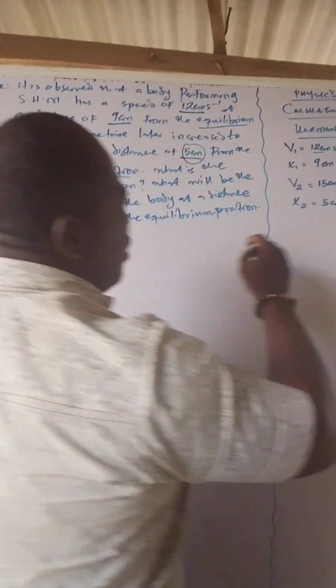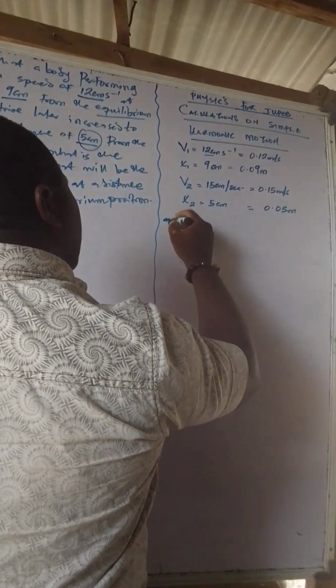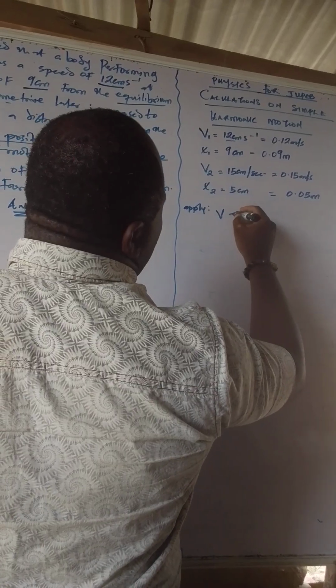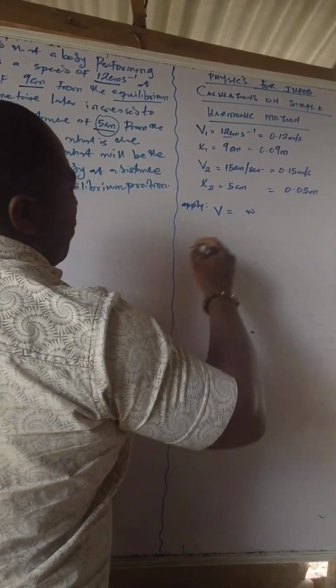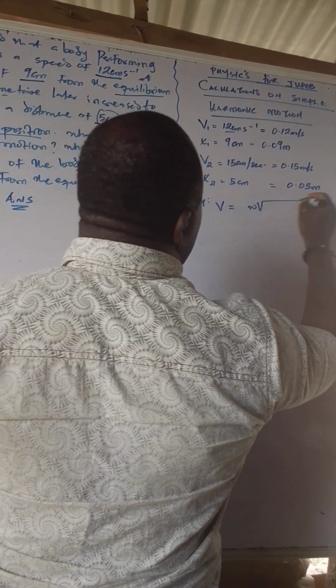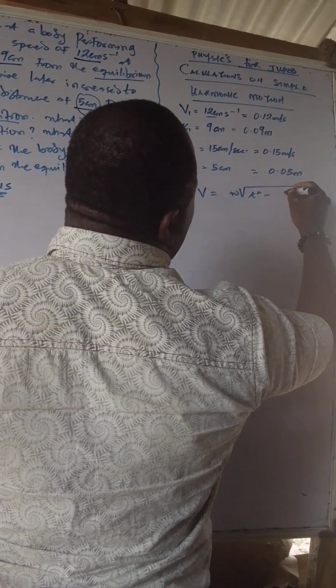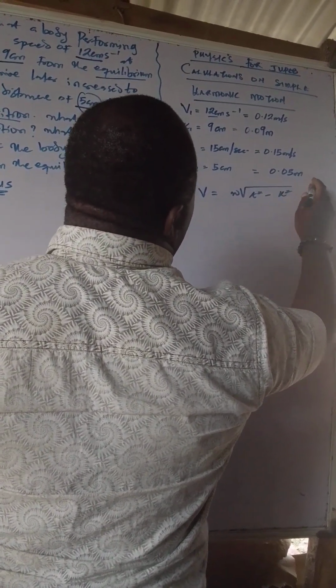To both of them, let's apply the formula for velocity at an instant, which is V equals omega square root of A squared minus x squared.